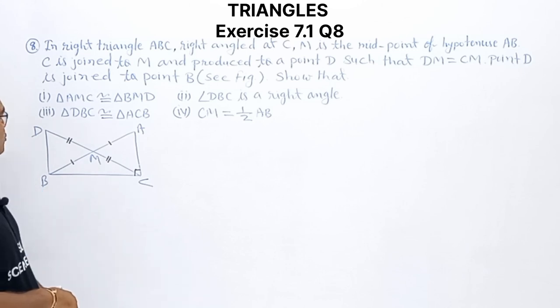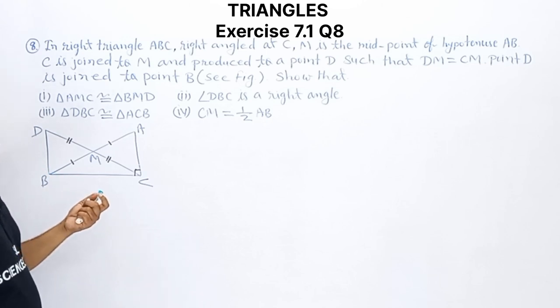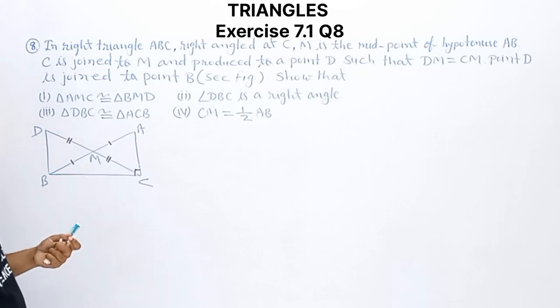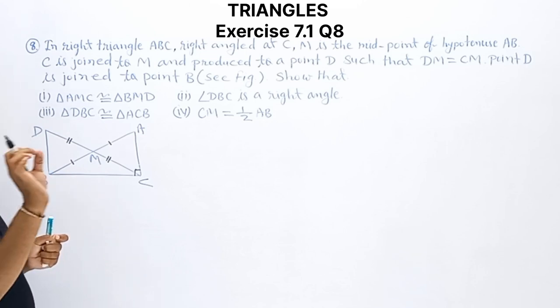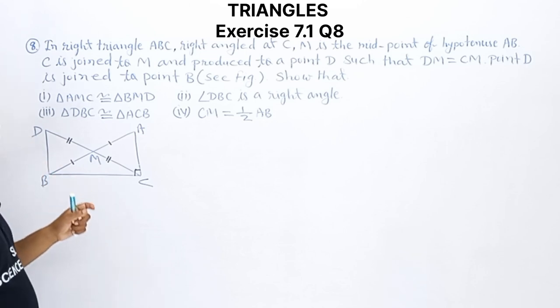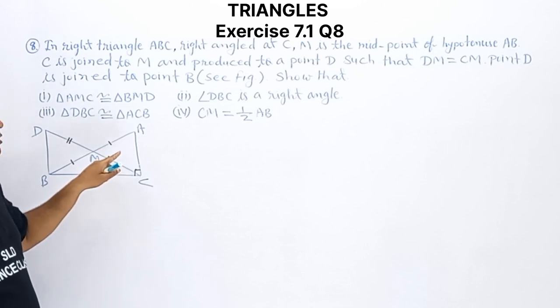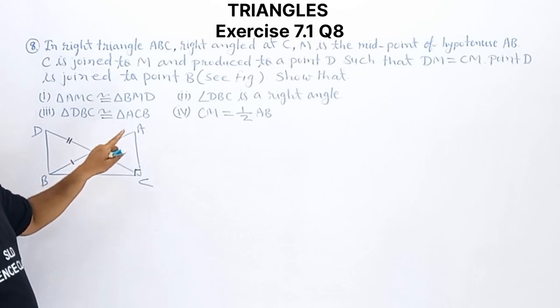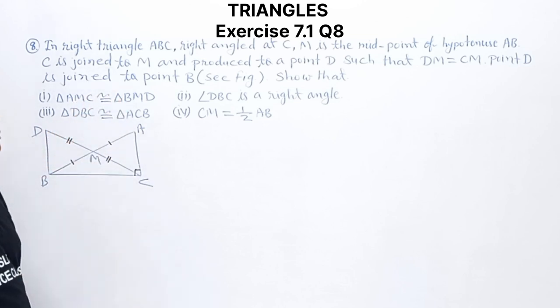To prove this, we should use a congruence rule. We studied five congruence rules. Once we obtain any one congruence rule, we can say these two triangles are congruent.